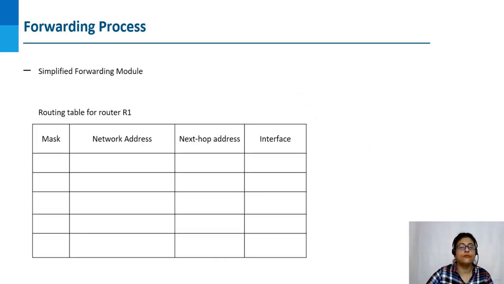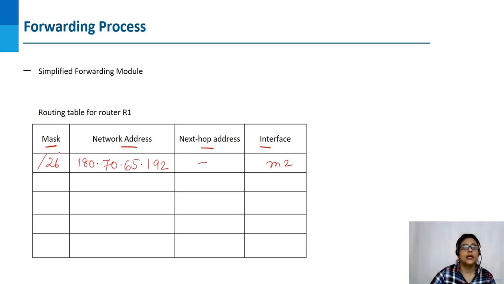As before, we know that there must be 4 columns: the mask, the network address, the next hop address, and the interface. Initially, the mask is /26, and the extracted network address is 180.70.65.192. The next hop address will not be there because the router is directly connected to this network, and it is through interface M2.